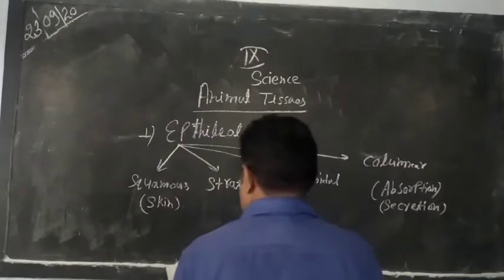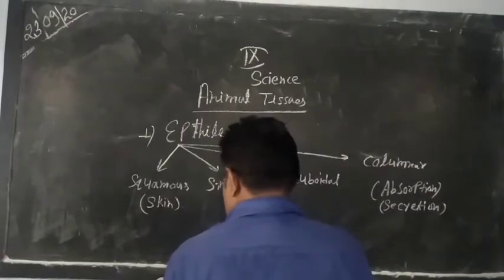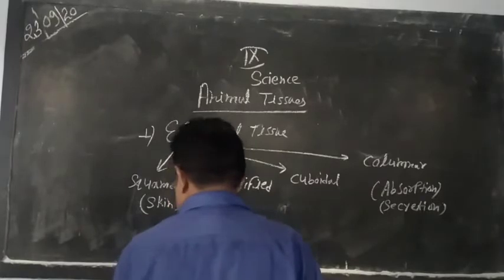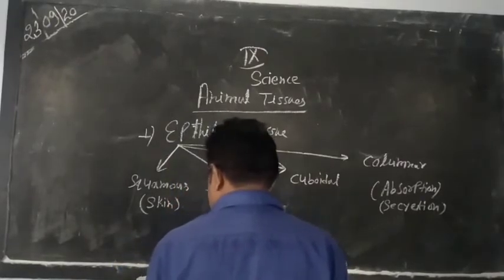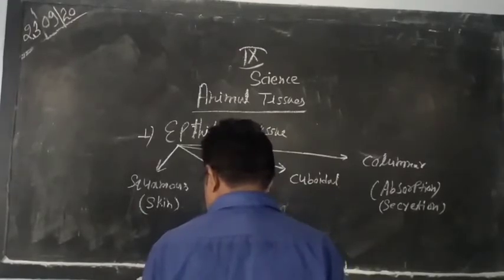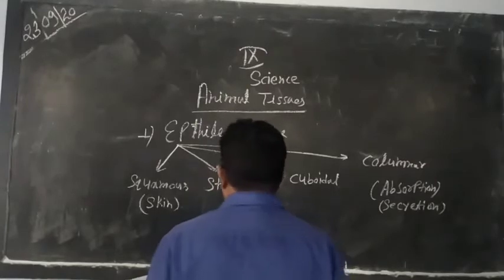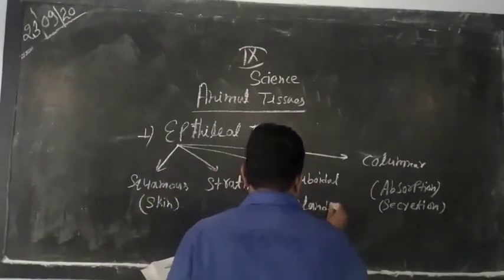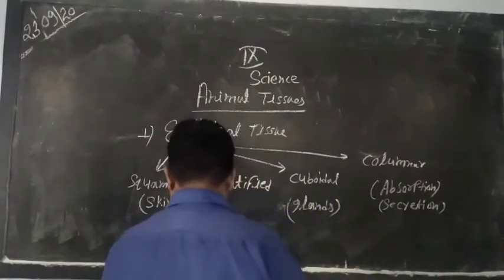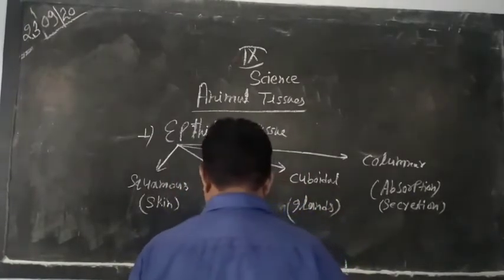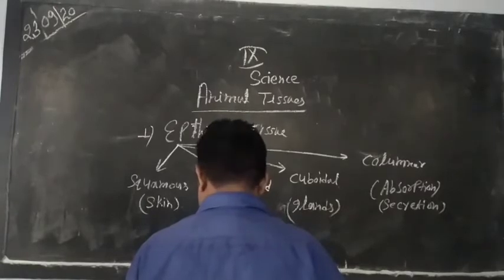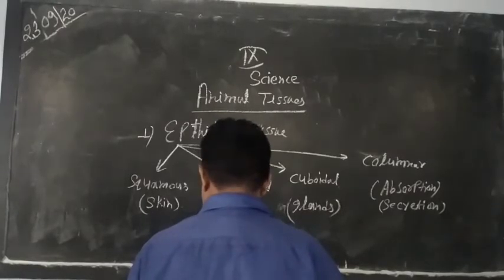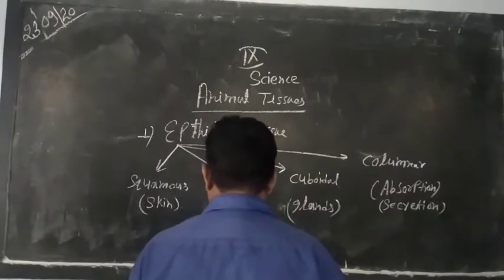The next one is cuboidal epithelium, cuboidal structure. These are found in glands, so these are known as glandular epithelium. Cuboidal, columnar, and squamous.